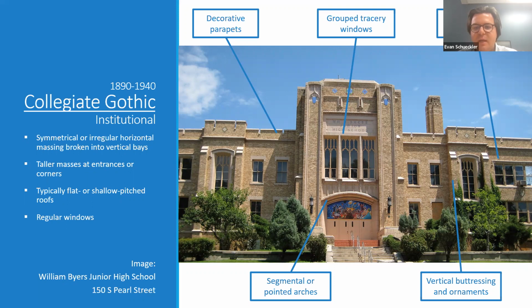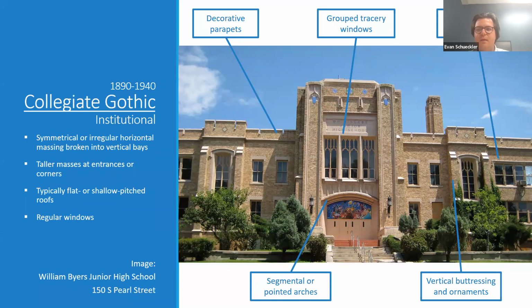You have those really classic Gothic details, like the tracery windows and the crenellations along the parapet. Sometimes this one has more of segmental arches, which is also a variation from that more pure Gothic style, but you'll often see pointed or segmental arches included in this style. The segmental arch being that shallow curve above the front door. Again, really regular windows are quite common to this.